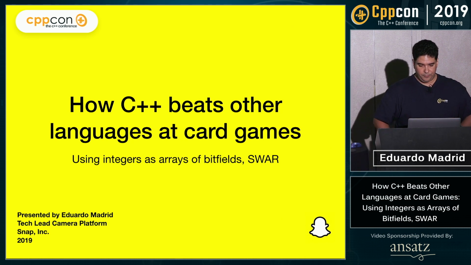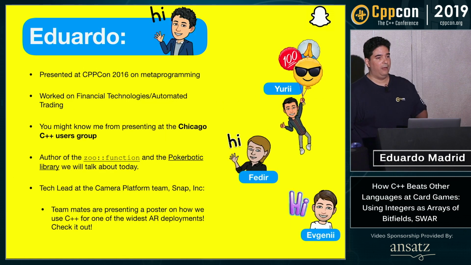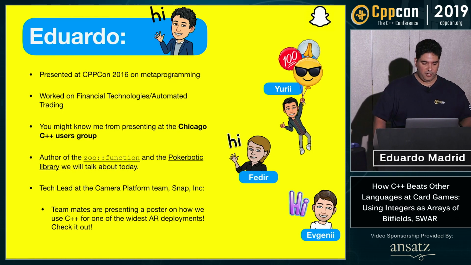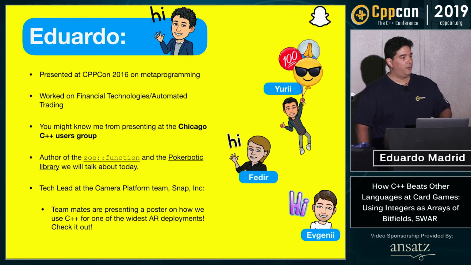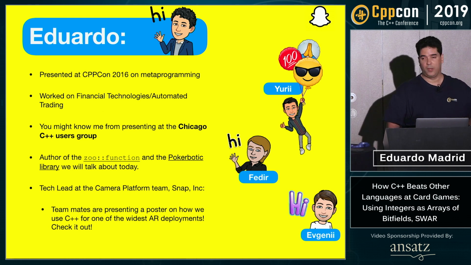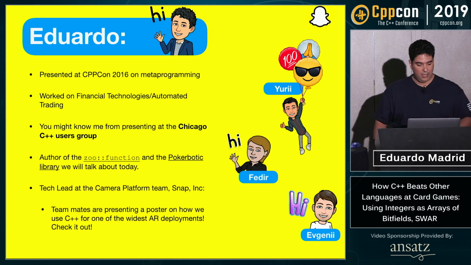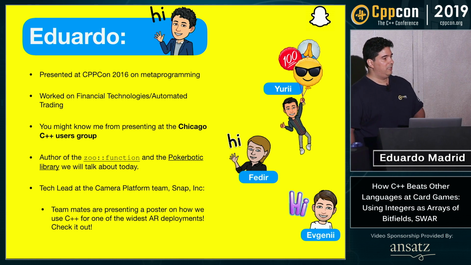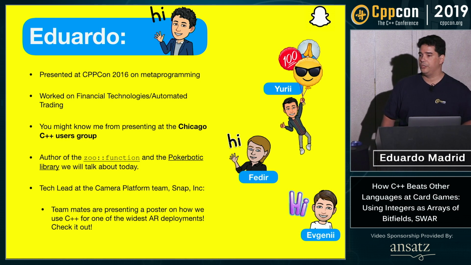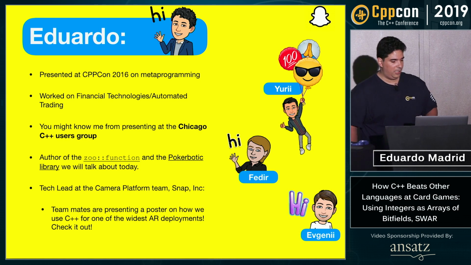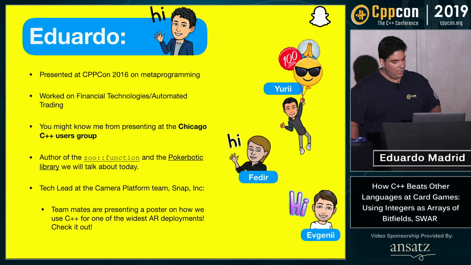Okay, I should start by introducing myself. You might remember me from having presented at CppCon a few years ago on the subject of metaprogramming. I bring experience from many different things, including financial technologies and automated trading. I have presented at the Chicago C++ users group, where I introduced to the world SU function, and of course I authored the PokerBotic library that we are going to talk about today.